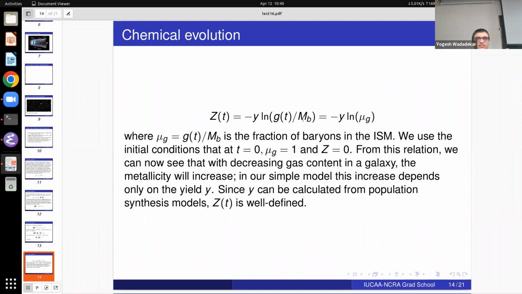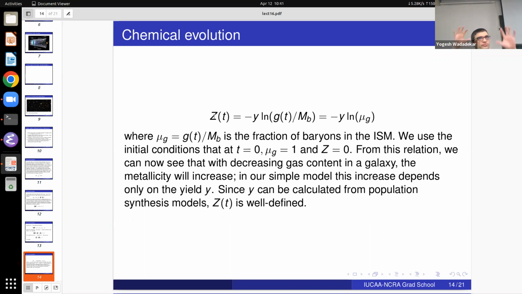Okay. From this relation, we can see that with decreasing gas content in the galaxy, the metallicity will increase. In our simple model, this increase depends only on the yield y. And because the yield can be calculated directly from population synthesis models, z of t is completely defined.